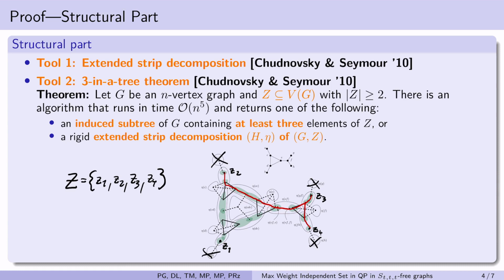But now if we would like to connect Z4, for example, like this, then because of the structure of the extended strip decomposition, because of all those edges being mandatory from those interfaces that belong to one vertex, this will certify that indeed this triple Z2, Z3, Z4 is not induced, because there is this triangle.